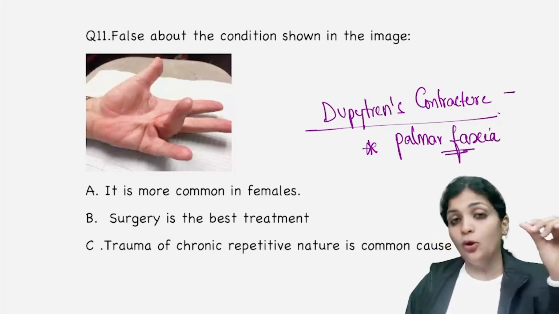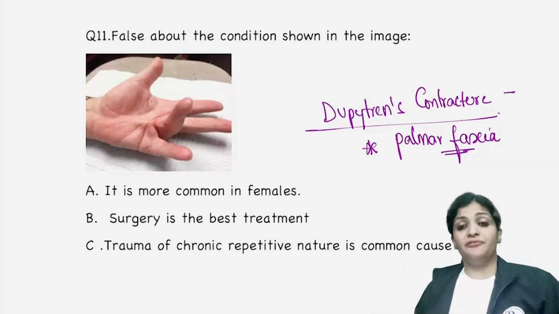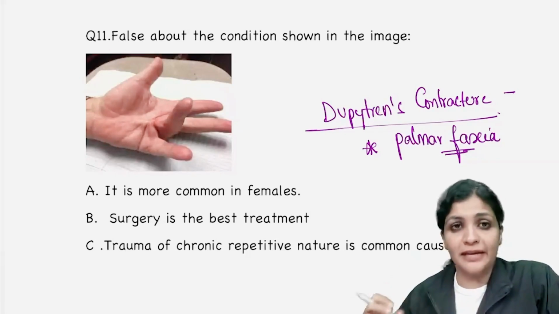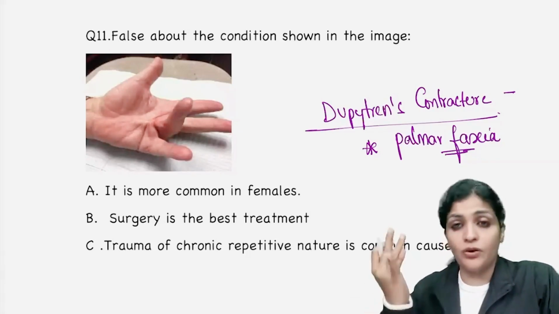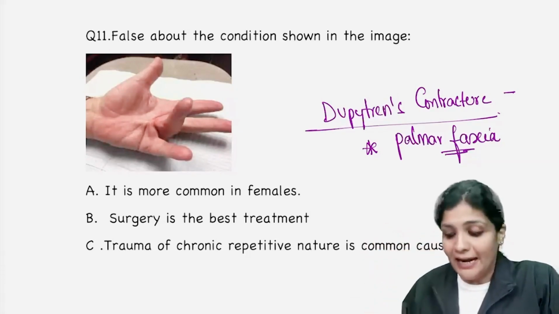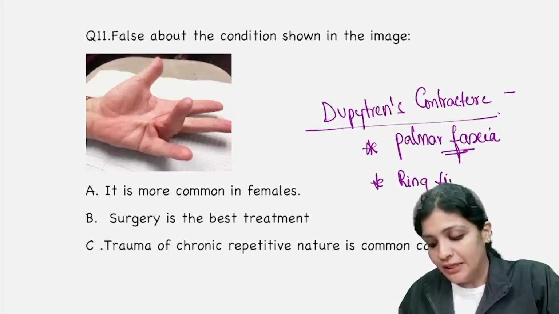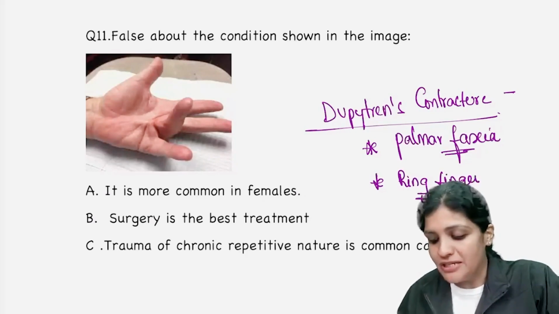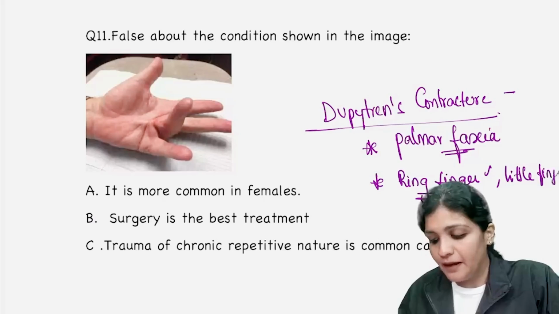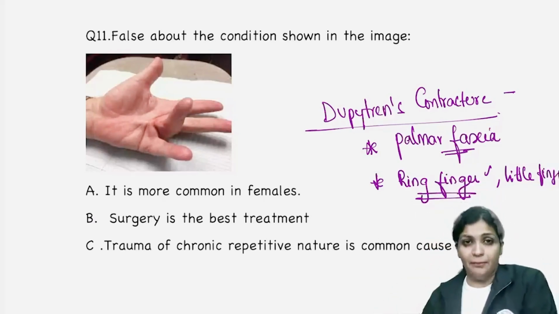It is a proliferative disorder, meaning there is a proliferation of the fibrous tissue, and it forms a cord-like structure. This cord will cause the flexion contracture, and especially it is seen in the ring finger, as you see in this figure, and also the little finger, right? So this is a proliferative disorder of the palmar fascia.